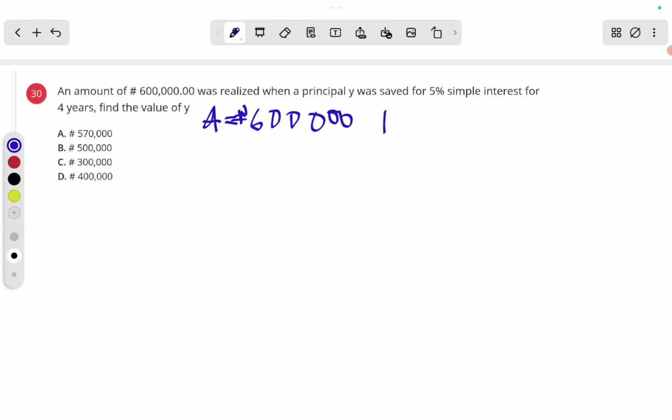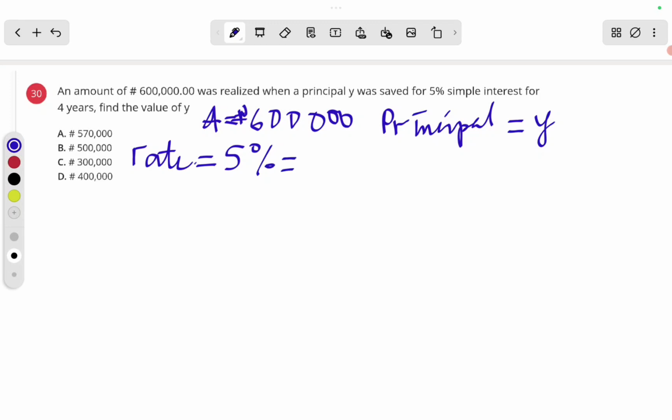Then the principal is Y. Then the rate is the same thing as 5%, which is 0.05. Then the next thing that we have is our time.